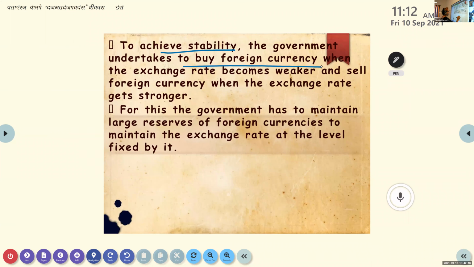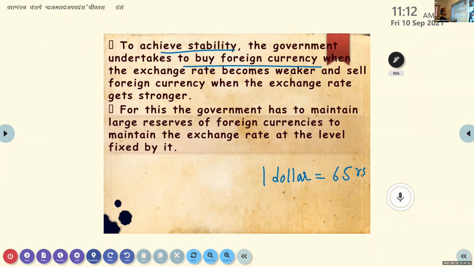For example, $1, you might have heard, is equal to somewhat 65 rupees or something like that. So here the dollar is very strong. If you see our rupees, to get $1 we have to pay 65 rupees.